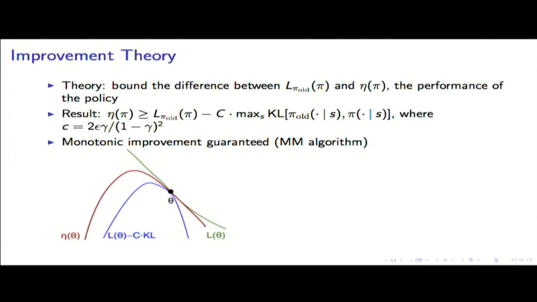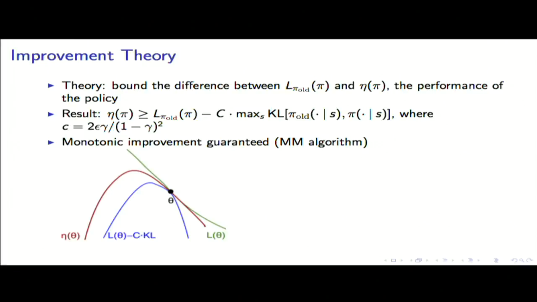So this expression is a pessimistic approximation to eta. And that's really good, because now if we optimize this pessimistic approximation, we're guaranteed to improve eta, because the blue curve matches eta at the starting point, and it's always lower than eta.